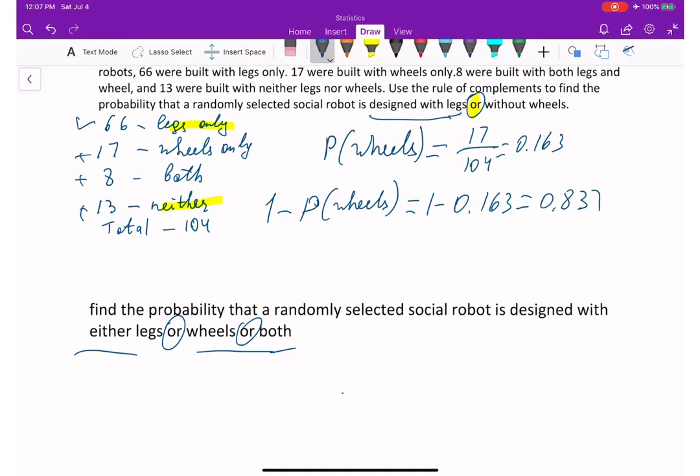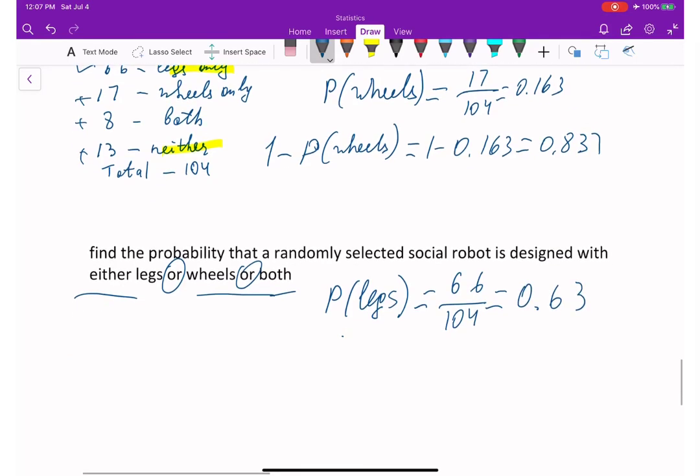The probability with legs is 66 over 104, which is 0.63. Probability of wheels, we already have that one, is 0.163.